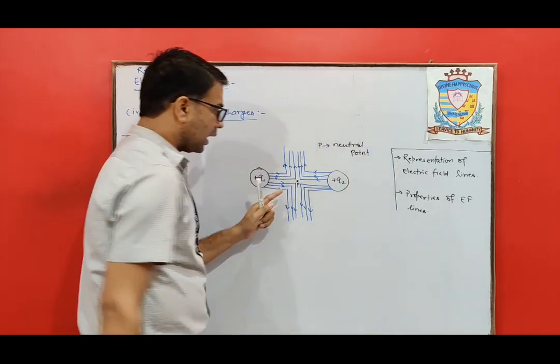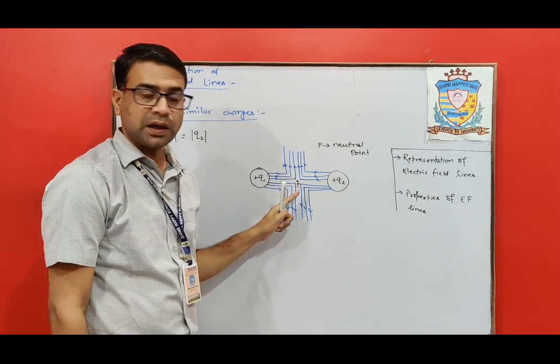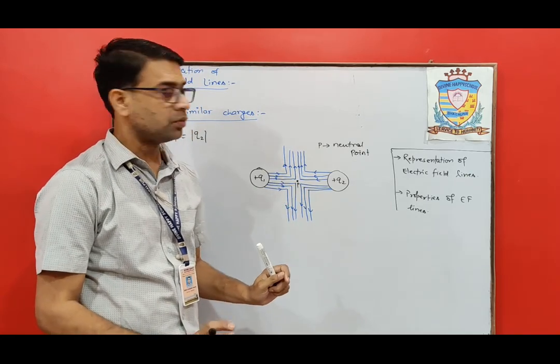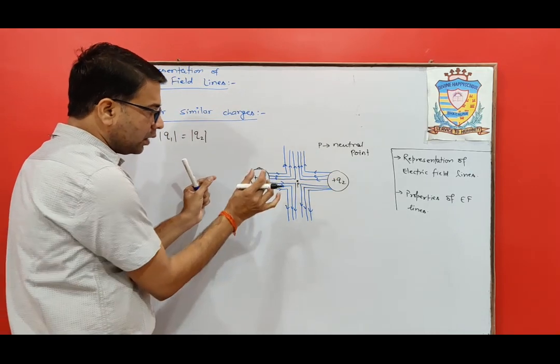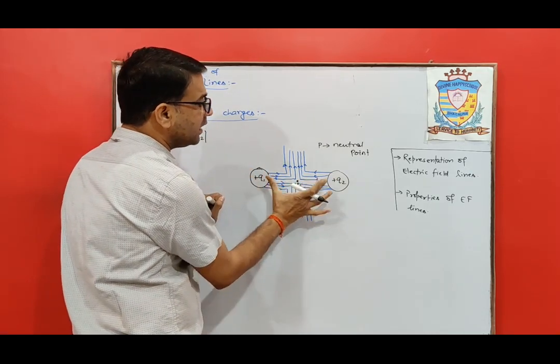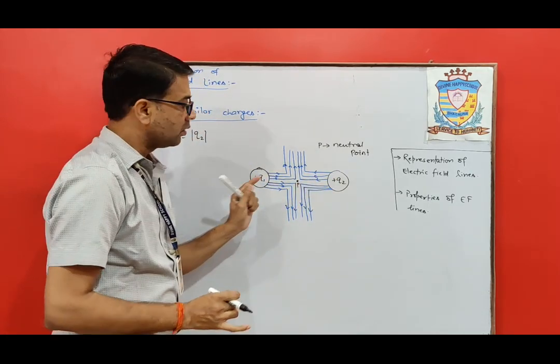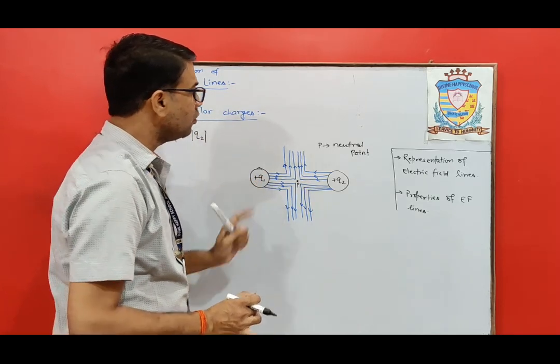That means at this point the net electric field is 0. Clear? Point P will be at the center of these two charges.